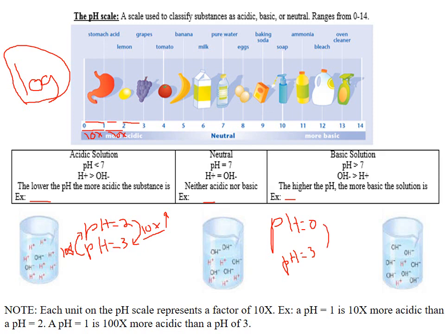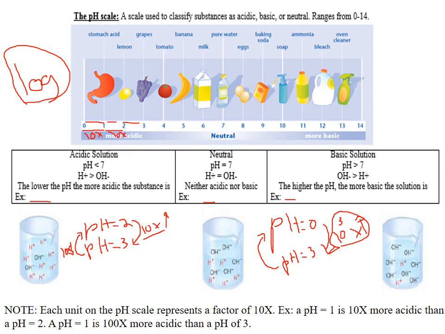So that means that the pH of 0 is 10 to the power of 3 times more acidic, 1,000 times more acidic than the pH of 3. Or the pH of 3 is 1,000 times less acidic than the pH of 0.